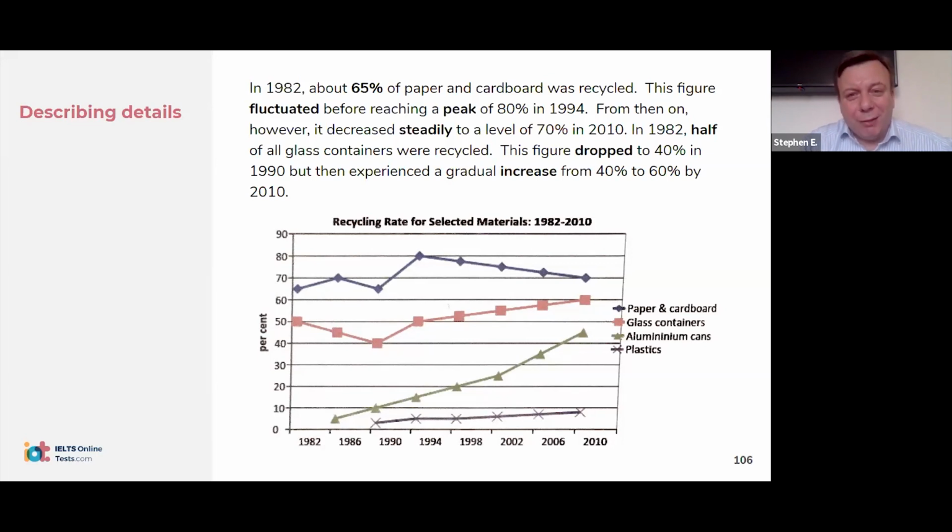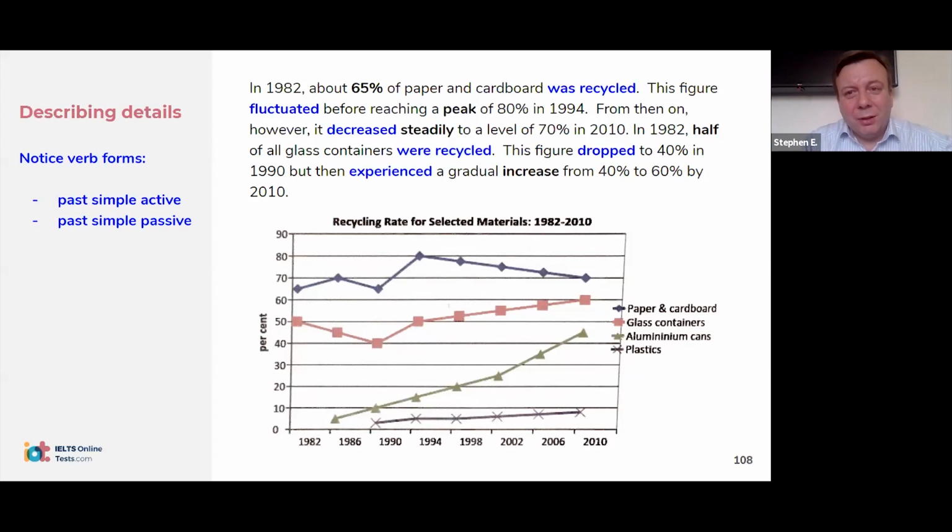So just have a look at that. We'll show the full report at the end anyhow, but just take it in. So we want to be looking at verb forms. We've got the past simple active and the past simple passive: was recycled, fluctuated, decreased, were recycled, dropped, experienced.